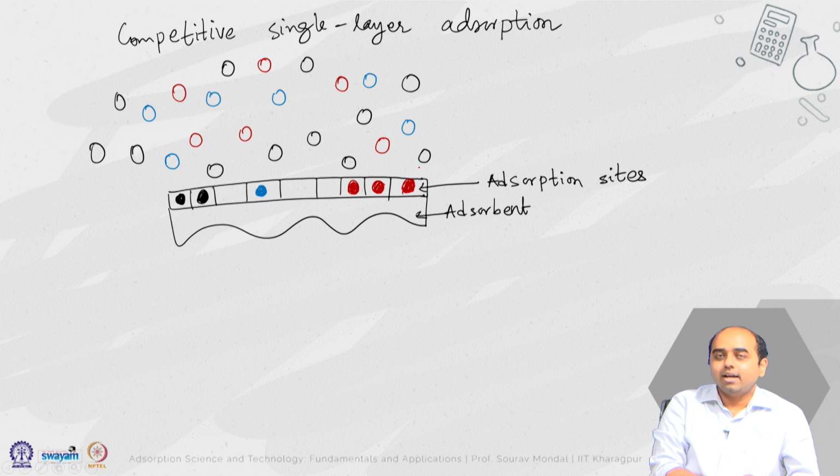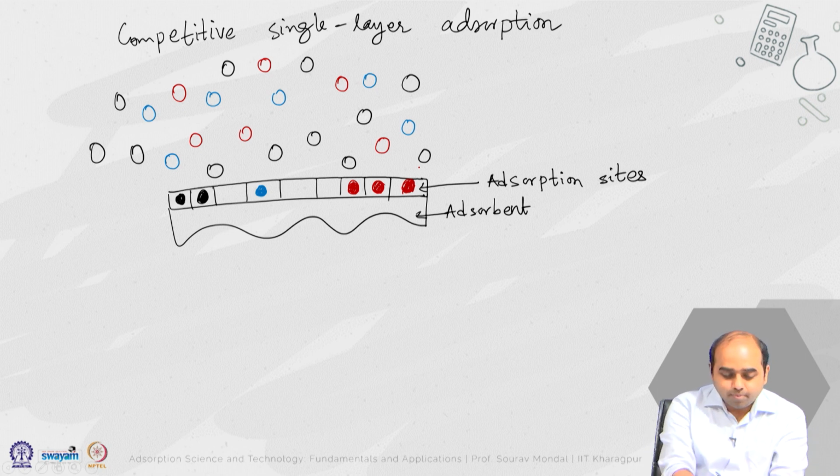So, the sites are not species specific, they allow adsorption of any type of species, and that is how all the molecules compete for the same site. The total number of sites is constant, and each molecule can occupy only one particular site.